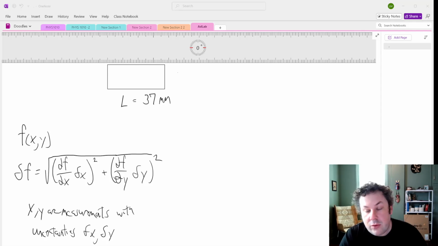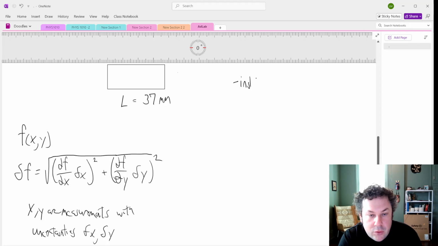There are all sorts of different conventions for this, and you might have heard them differently in the past. My rule of thumb in general for any measurement, I'll write it over here on the right, is for instrument uncertainty, and that's what we're talking about here, a ruler is an instrument. So the question is, what is the instrument uncertainty?